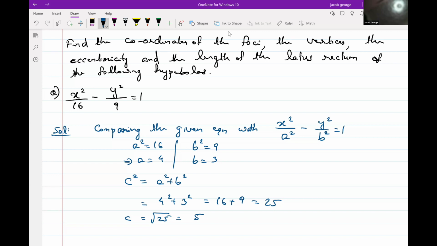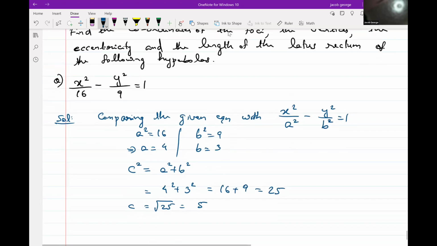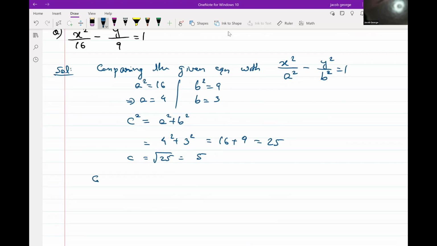Okay. Next step. What is the next step? Writing all these points. Coordinates of foci. In the first type, the coordinates of foci are plus or minus c, 0. That is plus or minus 5, 0.